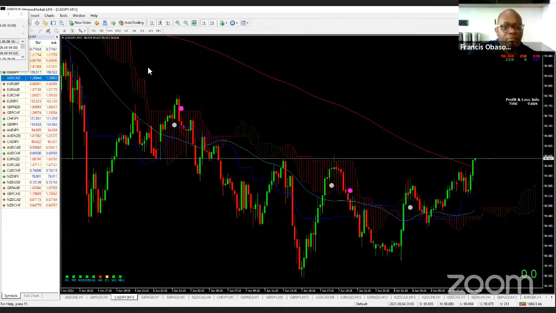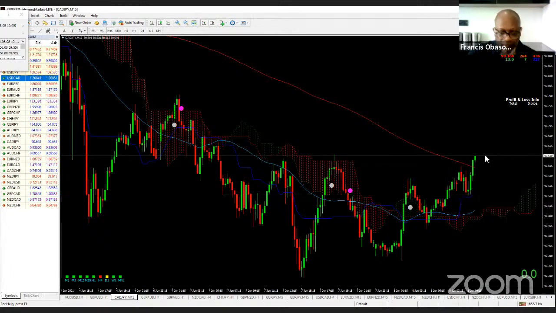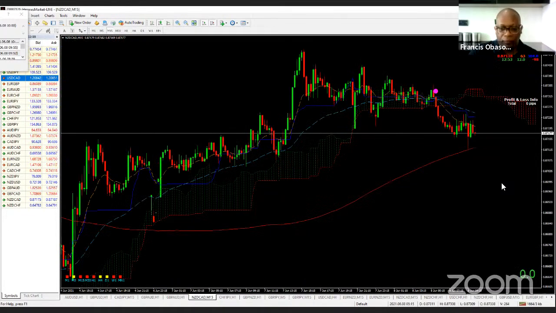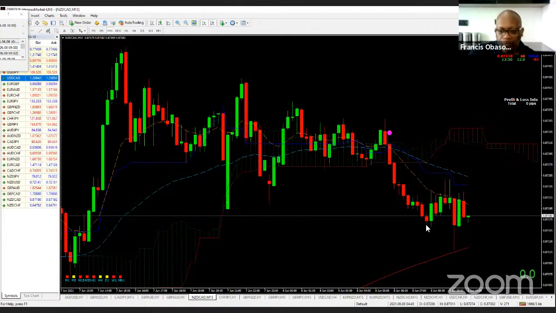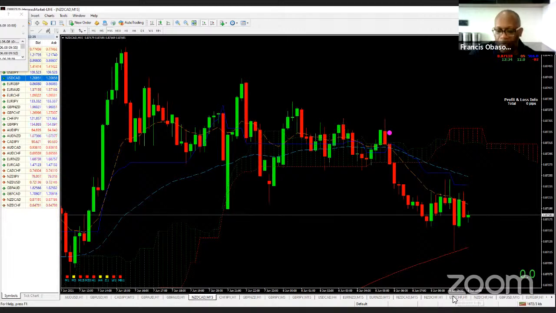Okay, let's check some more trades. What I'm going to do is bring in some of the major pairs. I haven't been trading the major pairs lately, apart from USD CHF, which I'm looking at. This is New Zealand Dollar CAD.